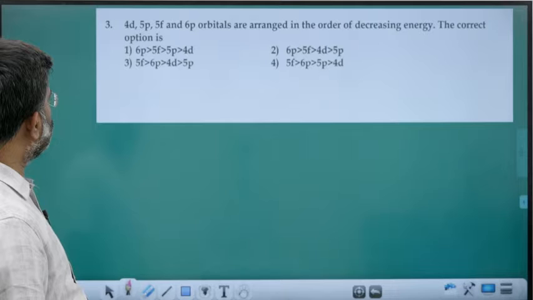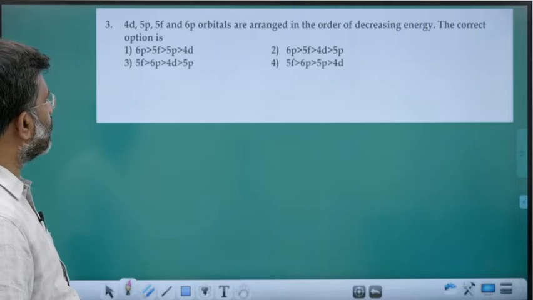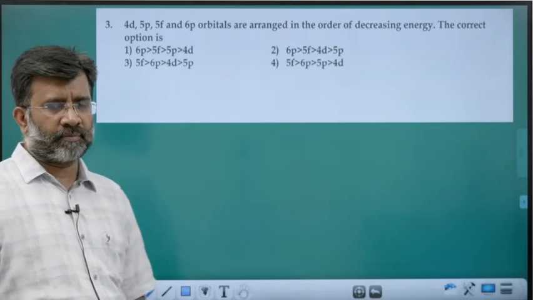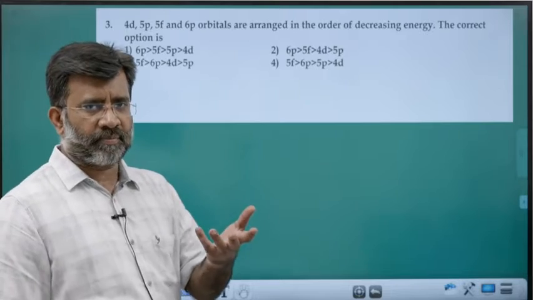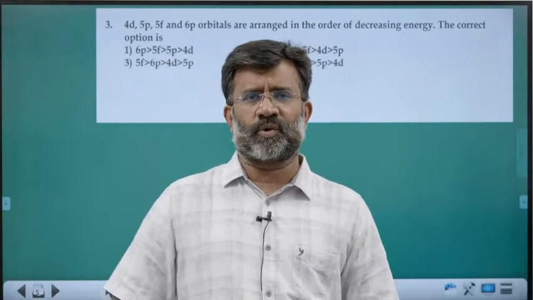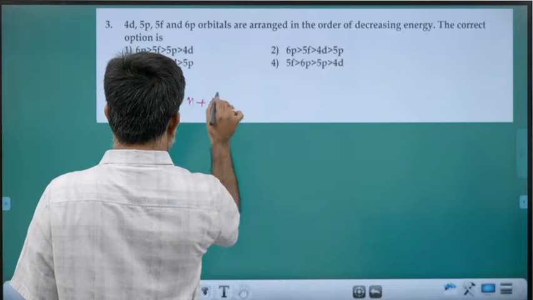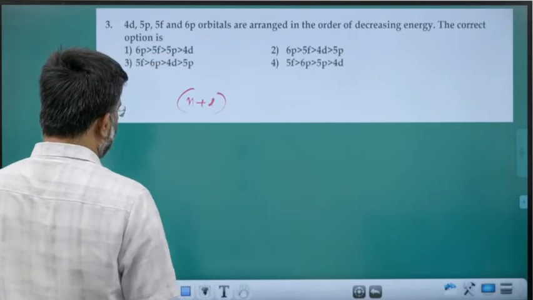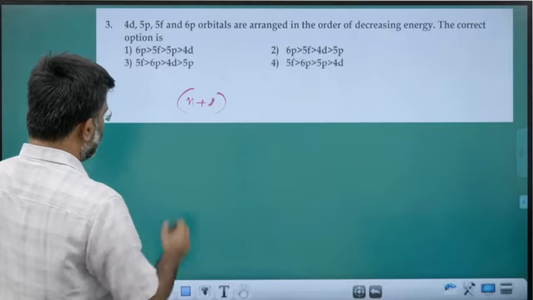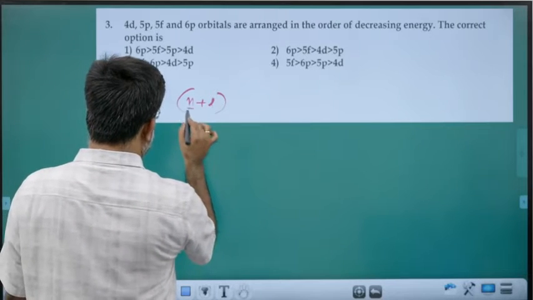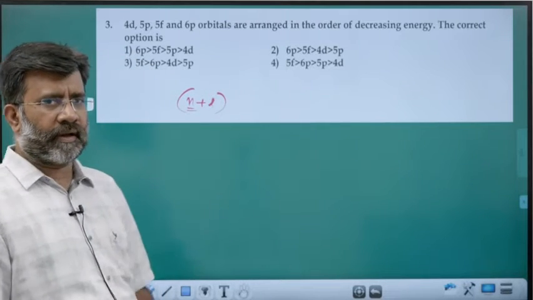The correct option for, again, energy of the orbitals. Aufbau principle once again, you know how to find the energy order. You go for finding the n plus l value. When the n plus l value comes the same, you fill the lower n value first.